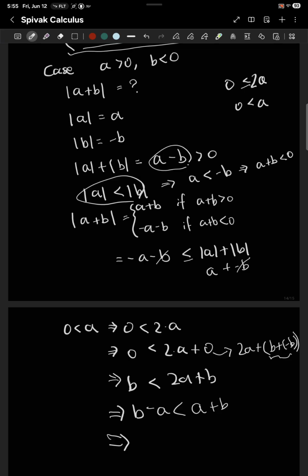A is less than b, but b is negative. But b is negative.